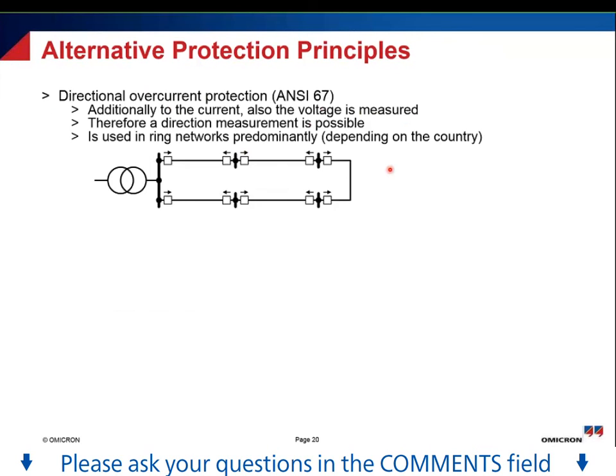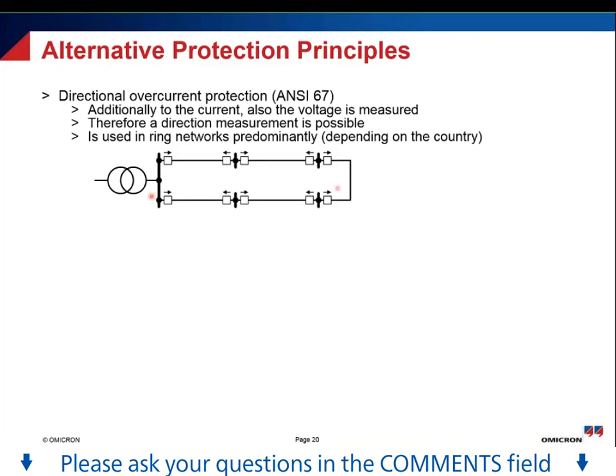Based on the angle between voltage and current, the protection device can decide in which direction the fault current flows. With a direction measurement, we can set our overcurrent characteristic so that, for example, this relay only reacts to faults in forward direction.